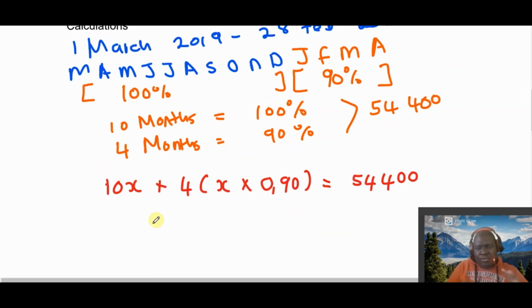So we are going to try and sort out what's happening in this bracket. We're just trying to remove these brackets and just have one thing so that we can group the like terms together.